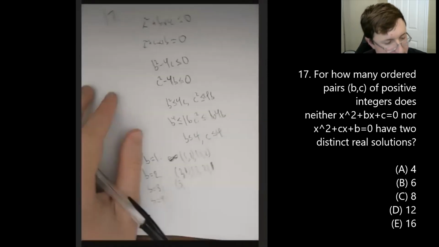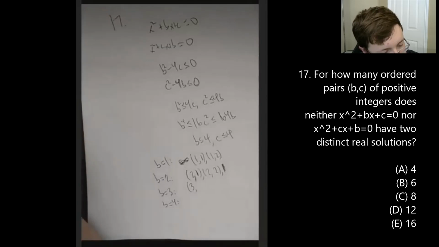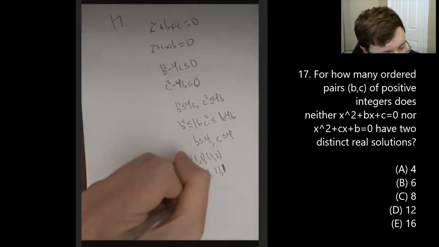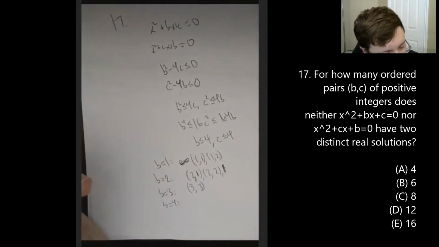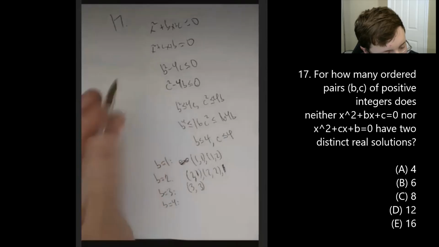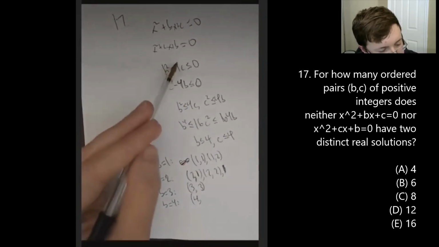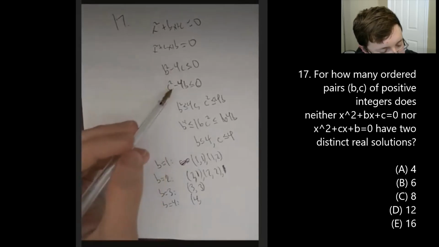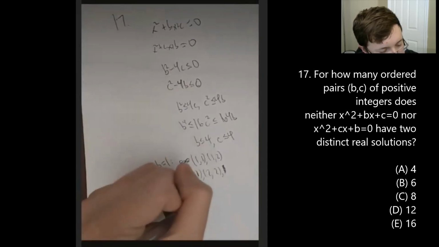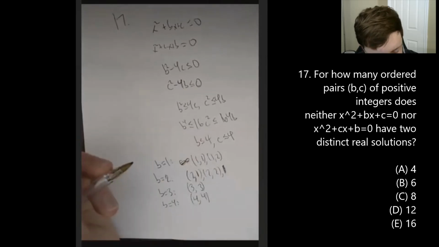I get c is at least 9/4. So c is at least 3. So 3, 3 works. Does 3, 4 work? c squared is less than or equal to 12. No. And then b equals 4. I've got c is at least 4, and here I've got c squared is less than or equal to 16. So 4, 4. Okay. It should just be 6.